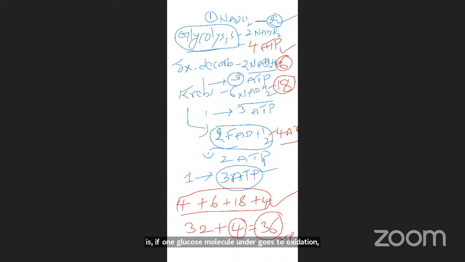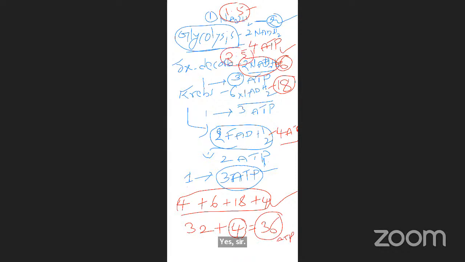But in the book of Tej and Jaigar, it is somewhat different. In some books, one NADH2 of glycolysis produces 2 ATP, but in that book, 1.5 ATP is given, not a full 2. In the Krebs cycle also, not a full 3, but 2.5 ATPs are formed.